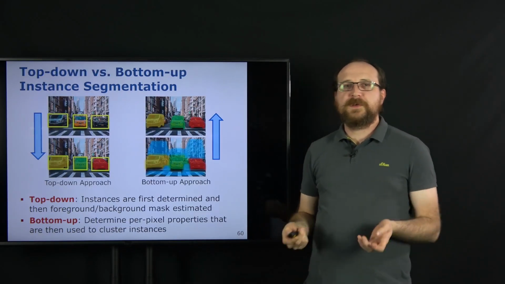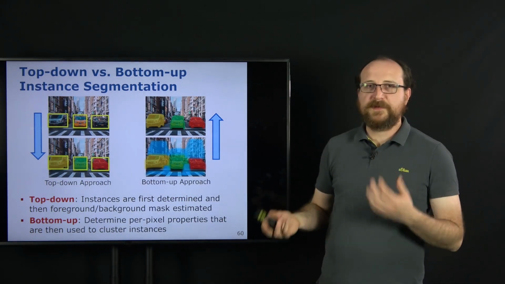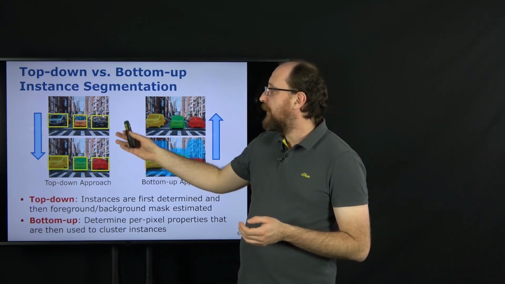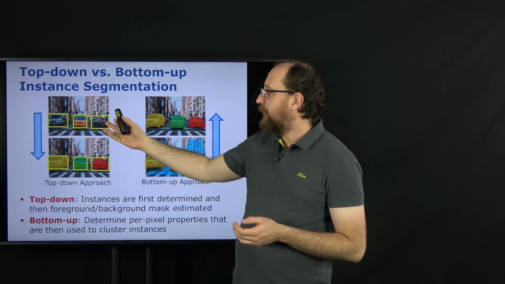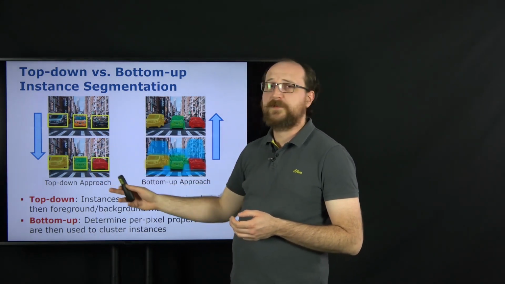For panoptic segmentation, we usually have two variants. In the top-down approach, we combine the part from detection, where we have bounding boxes, and then produce instance masks from these bounding boxes.